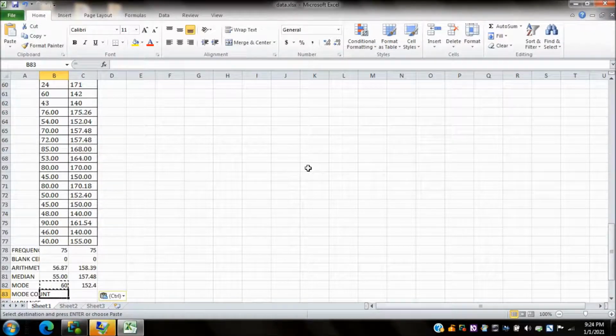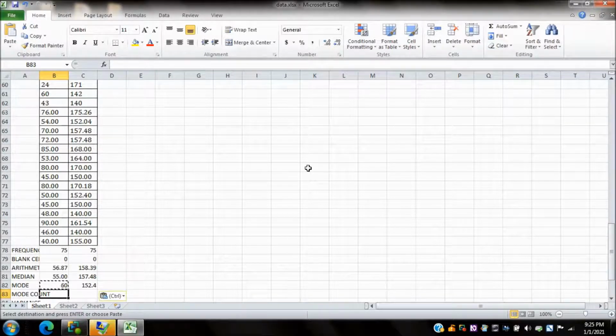I'll put B82 as the cell reference for the mode, since I computed the mode and it is found in B82. Again, the formula has equals COUNTIF, then the cell range B3 colon B77, comma, B82. I need to put B82 there because I'm looking for the number of cells that have a value of 60, since the mode is 60.